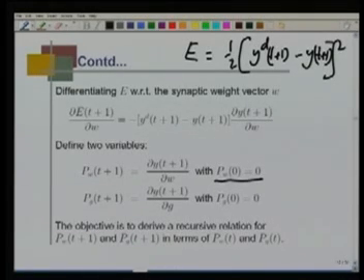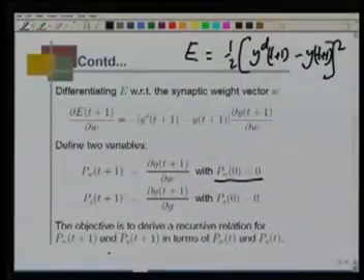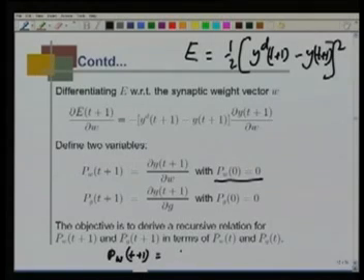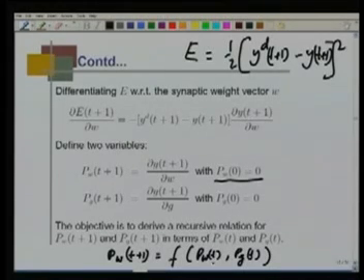The objective is to derive a recursive relation between Pw t plus 1 and Pwt, Pgt, and similarly Pg t plus 1 in terms of Pwt, Pgt. This is the theme of real time recurrent learning, RTRL. So, I have two gradient terms.